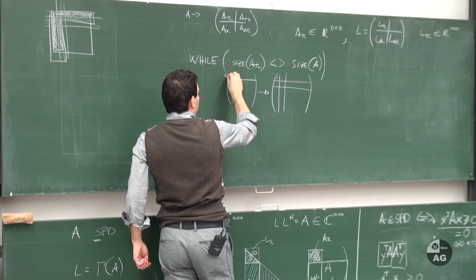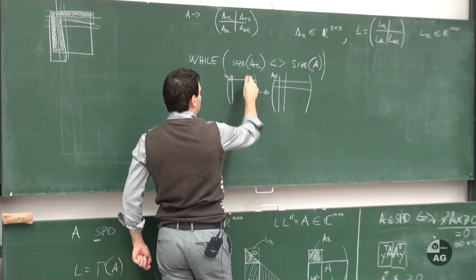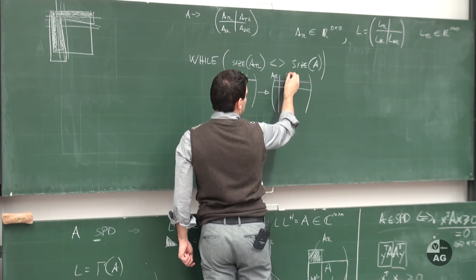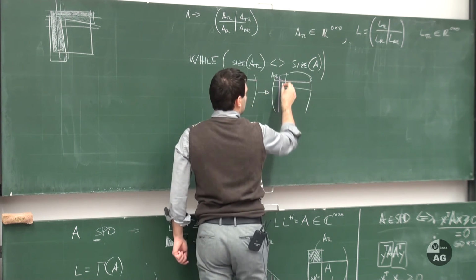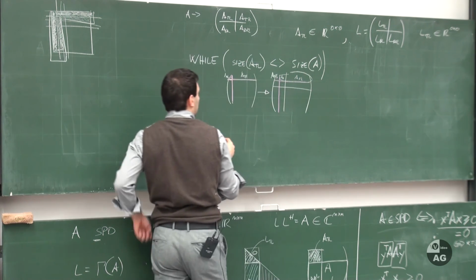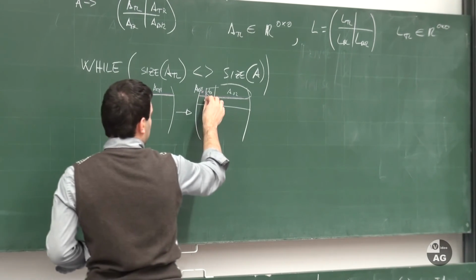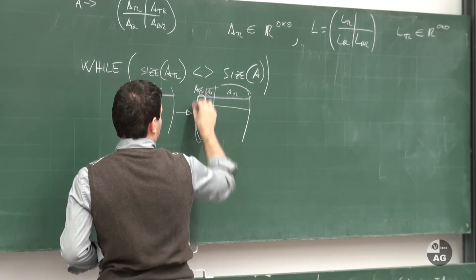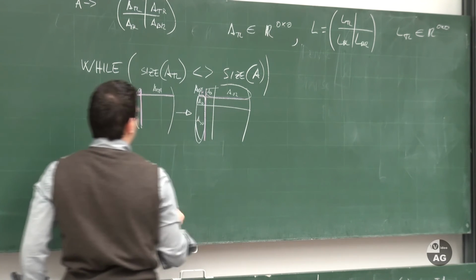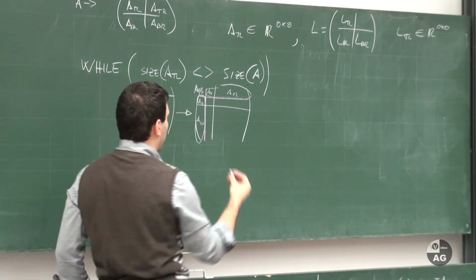What was called here A top left, now I call A00. What here was called A top right, now becomes two objects, A01, A02. What was A bottom left now becomes two objects, A10, A20. And what here was A bottom right, now it's four objects.